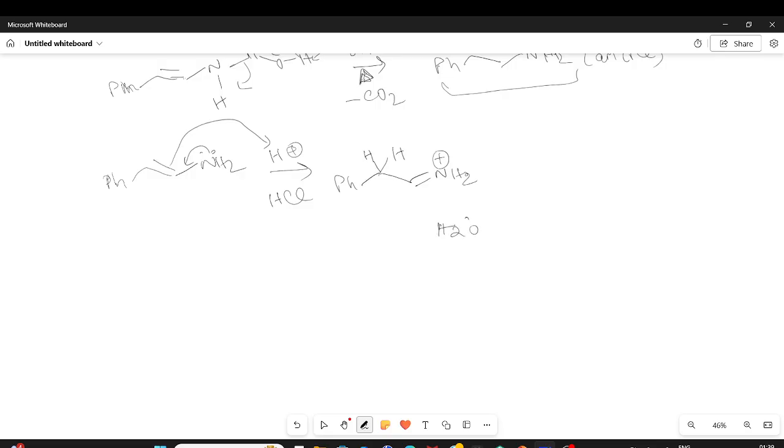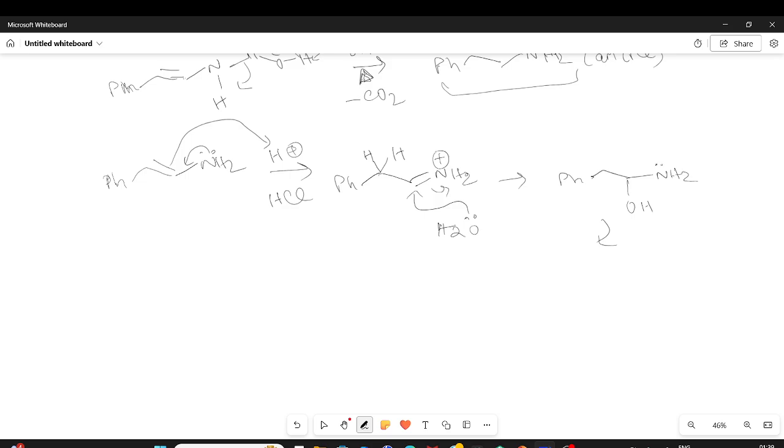Then since it's an aqueous solution, water is there in the solution, so this should attack this side, OH, and this is NH2.